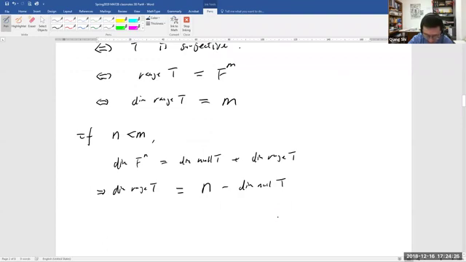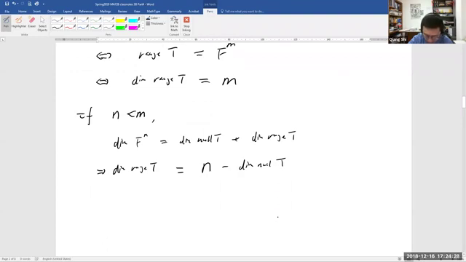If n is less than m, that's the right condition. We're trying to say this is not surjective. We can do the corollary, but I believe we will also be able to do this just by the fundamental theorem formula here.